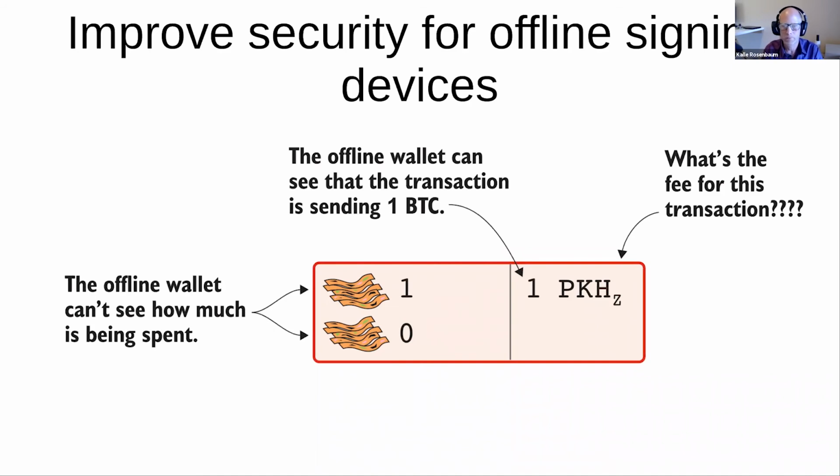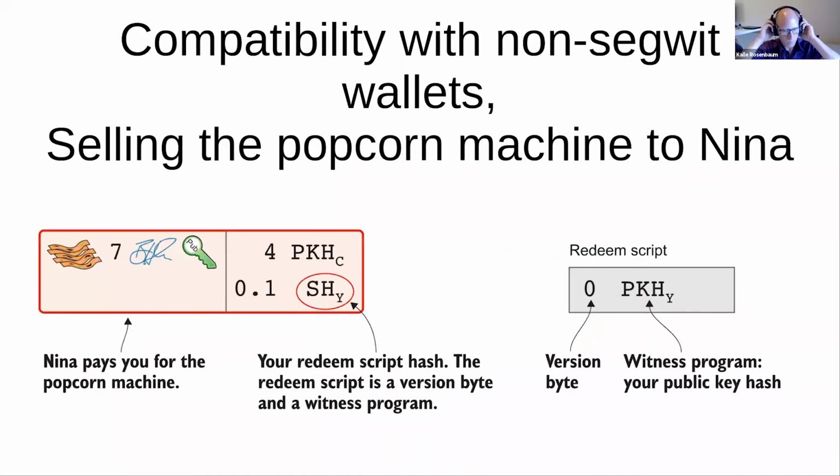I'm sorry about that. So when SegWit was deployed, not all wallet implementations were aware of SegWit addresses. So when SegWit was designed, they built this compatibility layer, so to speak.